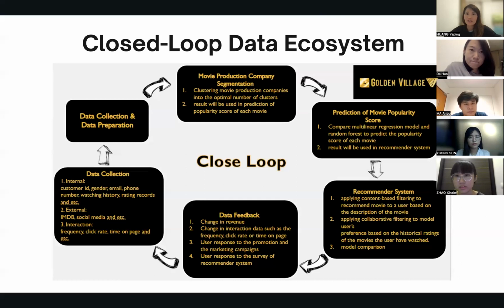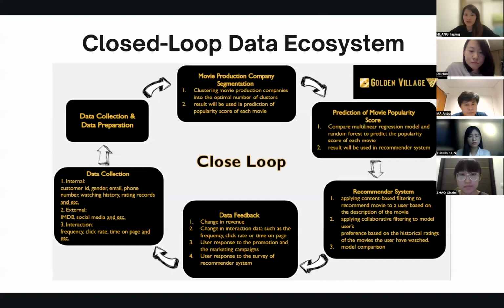It can segment movie companies, predict movie popularities, and also make recommendations to its users by being very precise, recommending a movie that the user will watch. Of course, it will generate more revenue by luring more customers to go to the cinema. So the last part is data feedback.